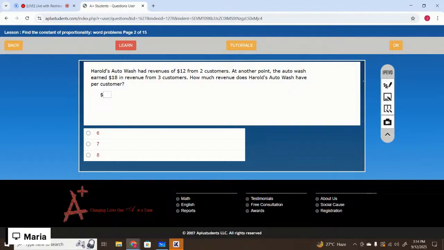Harold's Auto Wash has had revenue of $12 from 2 customers. At another point, the auto wash earned $18 in revenue from 3 customers. How much revenue does Harold's Auto Wash have per customer? So, which is the correct option?